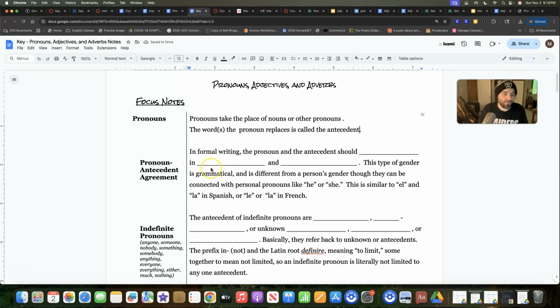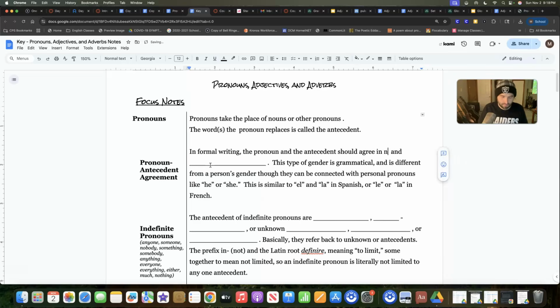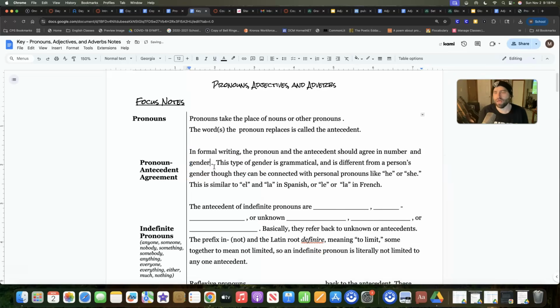So in formal writing, the pronoun and the antecedent should agree in number and in gender. That means if you said Mr. Black and Mr. Kramer were going to the movies, that's a sentence.